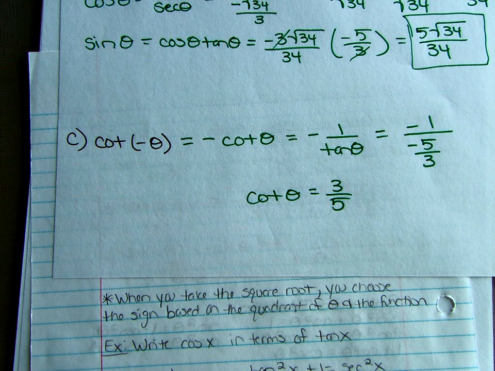So any questions on how we did any of those 3 different steps? Like I said, these are not the only ways to get there. So if you see a different way that you are more comfortable with using some of those identities, then that's totally okay.